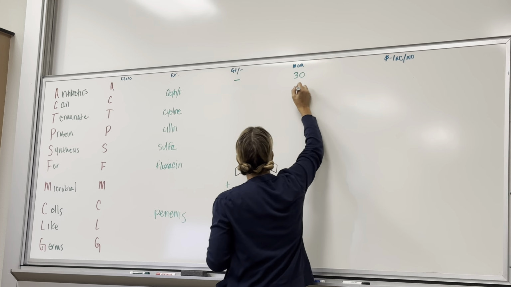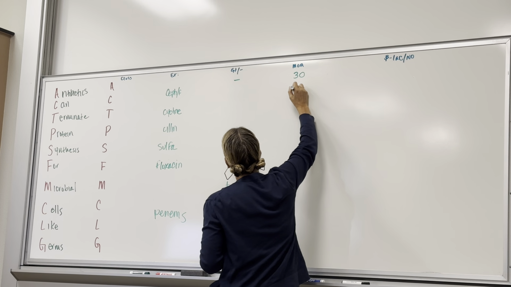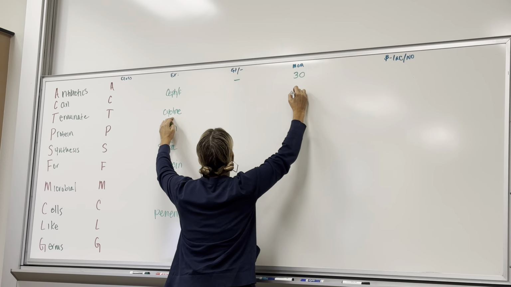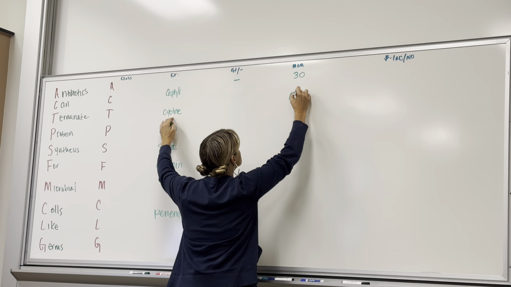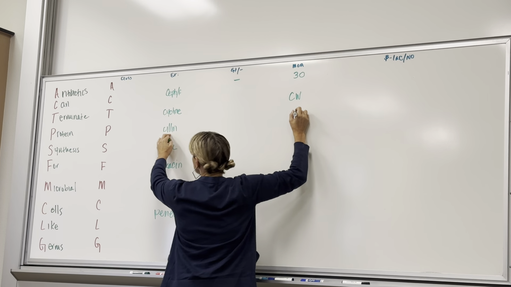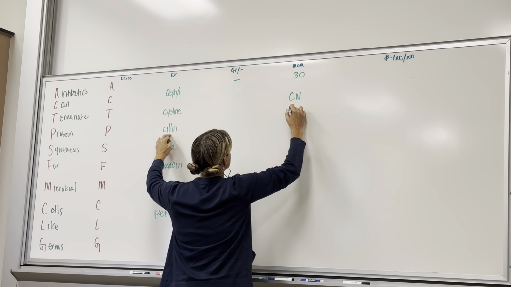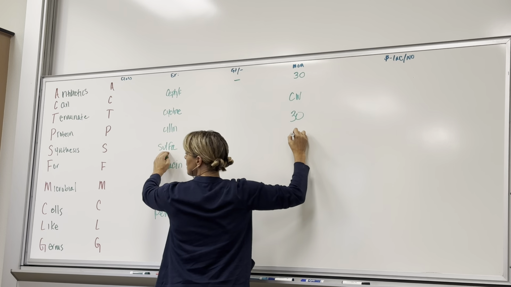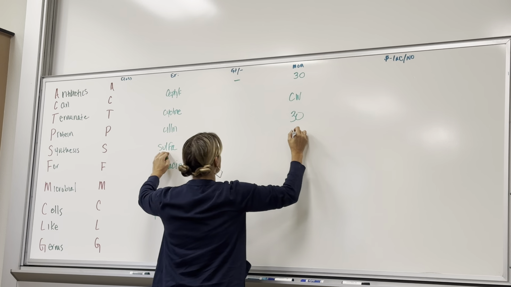So 30, I'm going to not have this correct. You could do cell wall. I would maybe put peptidoglycan for myself, just so I would remember that. Sulfas are folate.